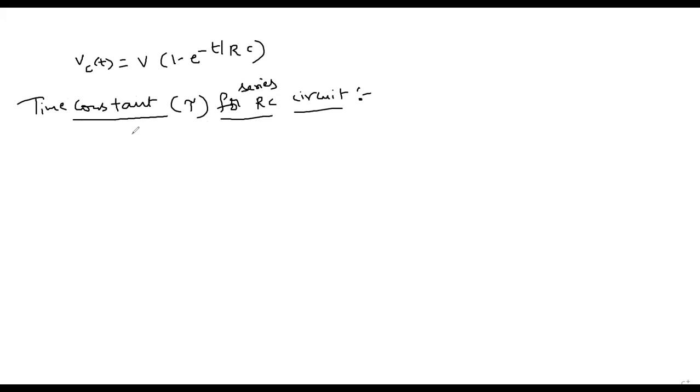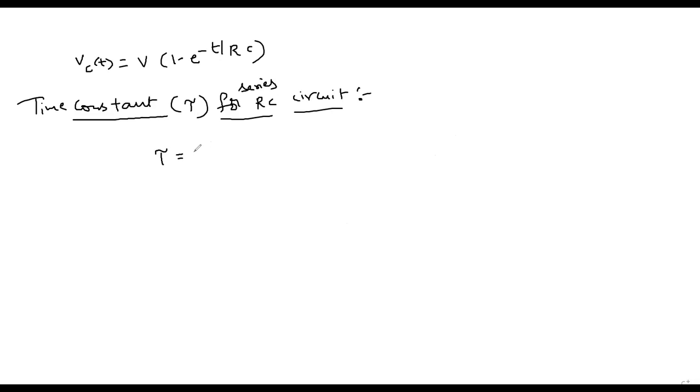Note down. It is defined as the product of resistance and capacitance of given series RC circuit. So mathematically, how can we write tau equal to?